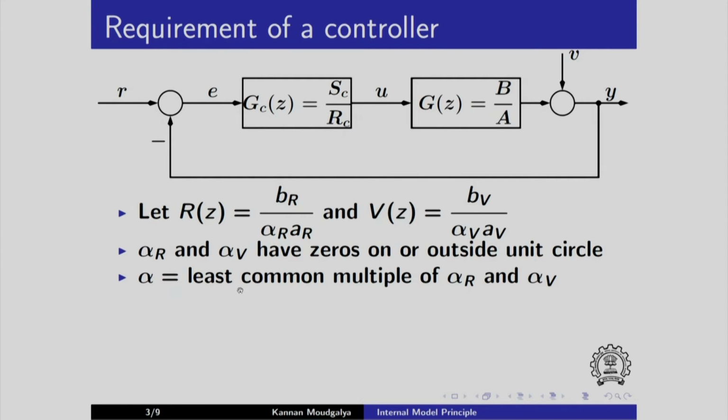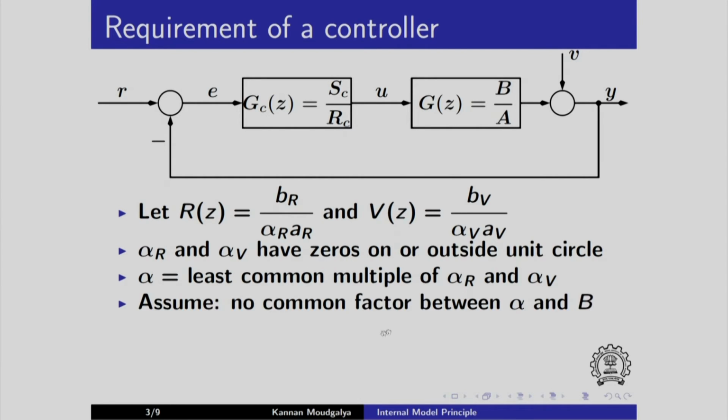Let alpha be the least common multiple of alpha R and alpha V, that is, it has all the zeros on or outside the unit circle.